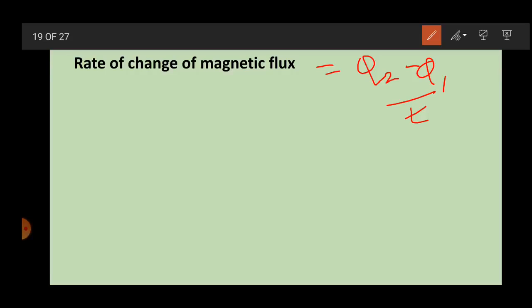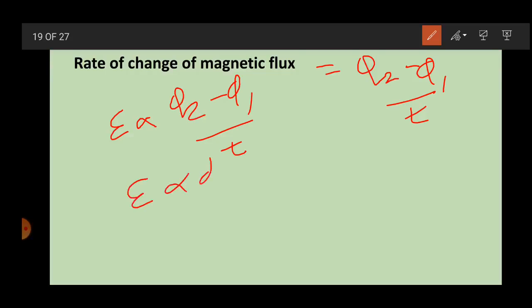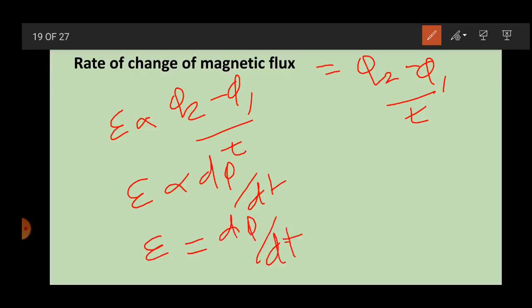According to Faraday's second law, the magnitude of induced EMF is directly proportional to φ2 minus φ1 divided by t. φ2 minus φ1 is nothing but dφ, the change in magnetic flux in time dt. That is, E is directly proportional to dφ by dt. Now proportionality is cancelled, E is equal to dφ by dt. Are you clear?